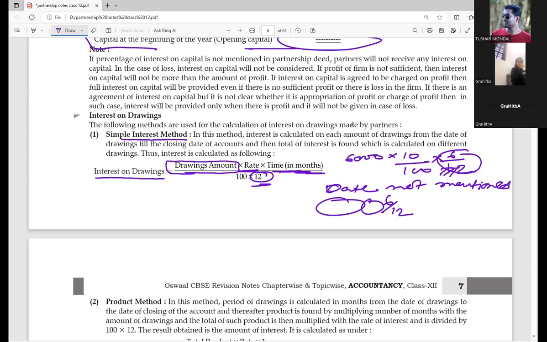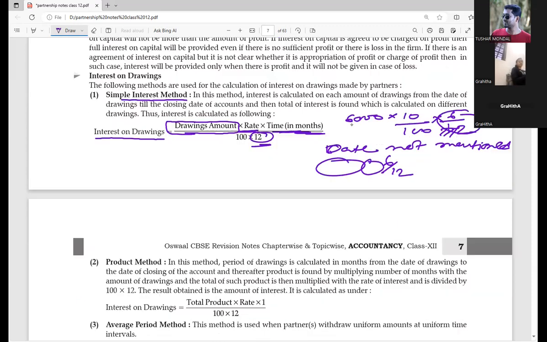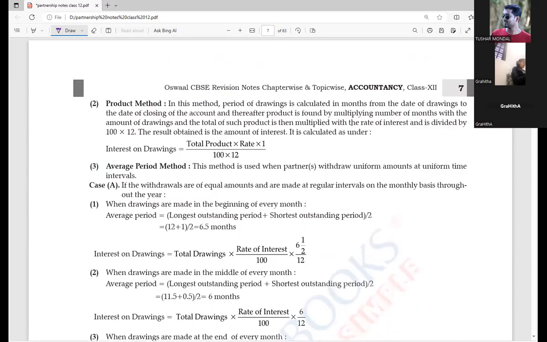And the next thing is the product method. These things I will explain next class; they need to be understood a little more deeply, so we'll see later. But the product method we are going to see here.